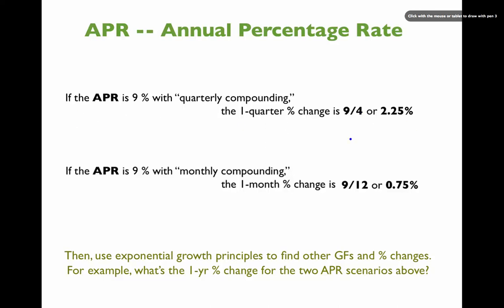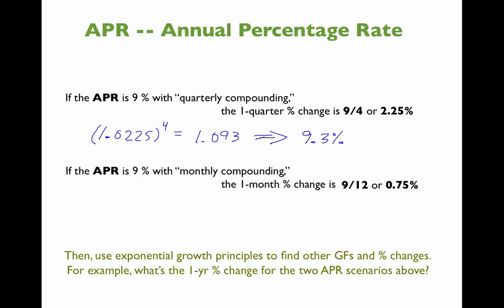To get the true annual percent change, it's going to be 1.0225 to the 4th. That will be the annual growth factor from which we can get the true percent change per year, which is 9.3 instead of 9.